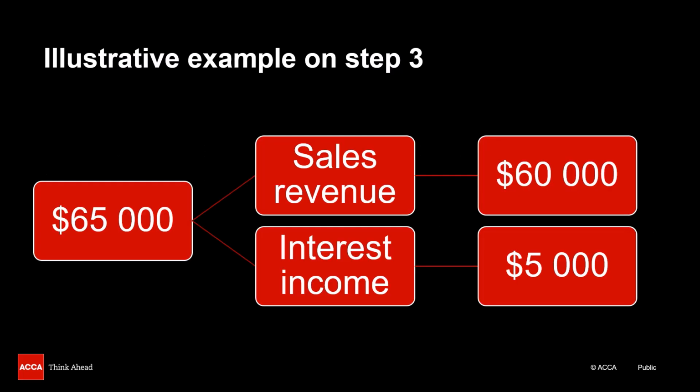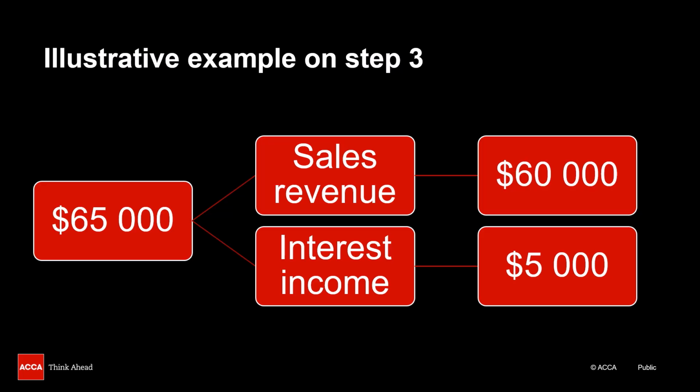Since the payment for the desks would take place 2 years after delivery and fulfilling the performance obligation, the contract contains a significant finance component, and this would need to be taken into account when determining the transaction price. The total consideration of $65,000 reflects both revenue from the sale of the desks as well as interest income.